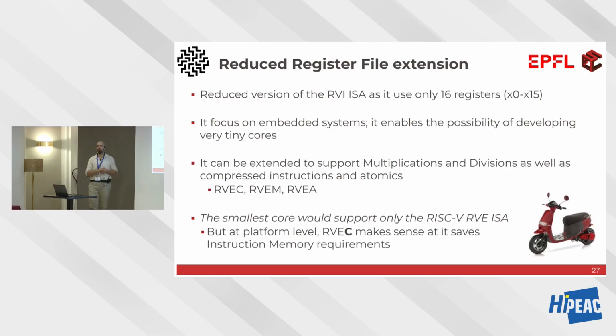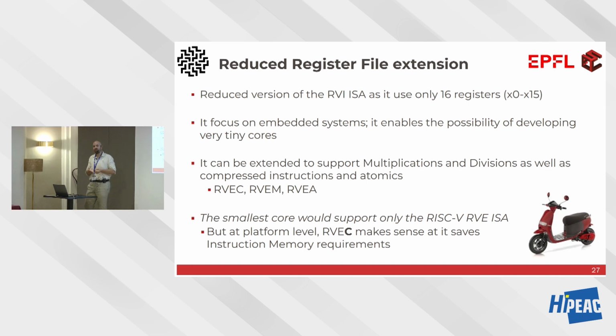Then another ISA extension I didn't mention so far is the E. This time it's the English E, for elephant: RVE. This is for the reduced number of registers extension. Again, why is this important? Because if you have a very small CPU and you draw the pie chart of the area profile of this guy, you may realize, it's not always the case, but oftentimes, that a big chunk of this area is the register file.